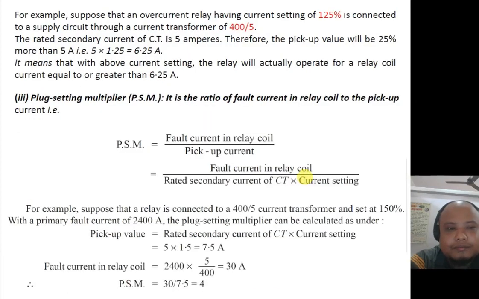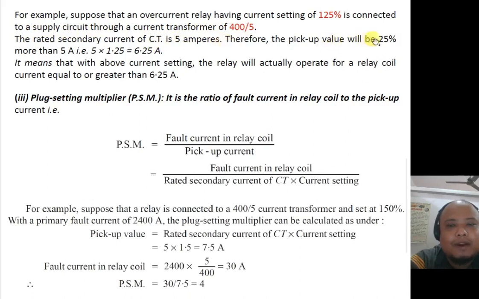Here an example is shown. Suppose an overcurrent relay having a current setting of 125% is connected to a supply circuit through a CT of 400:5. So the rated secondary current is 5 ampere for this CT.